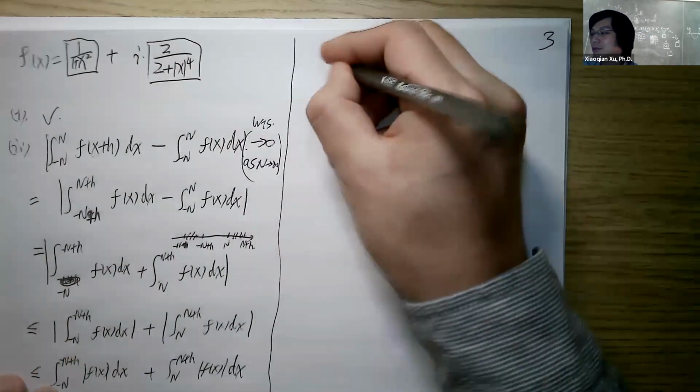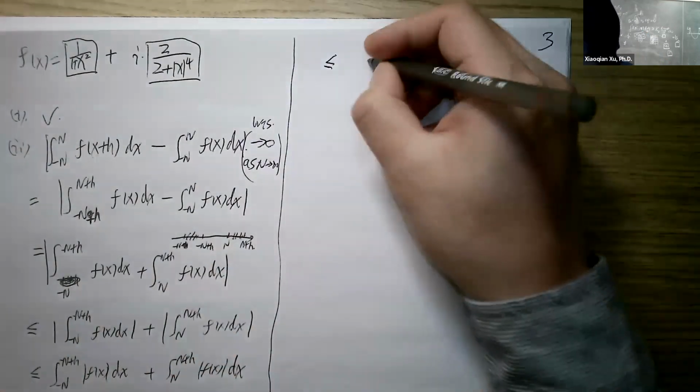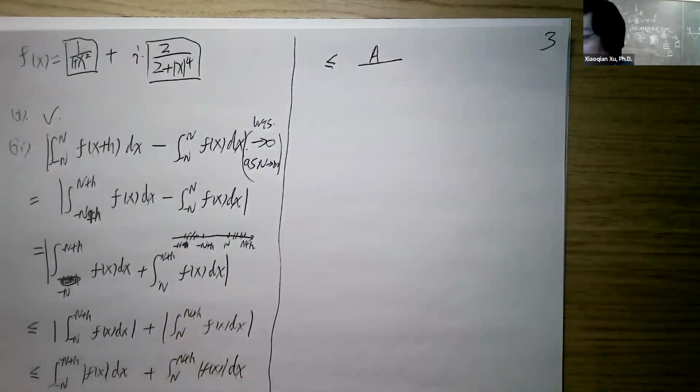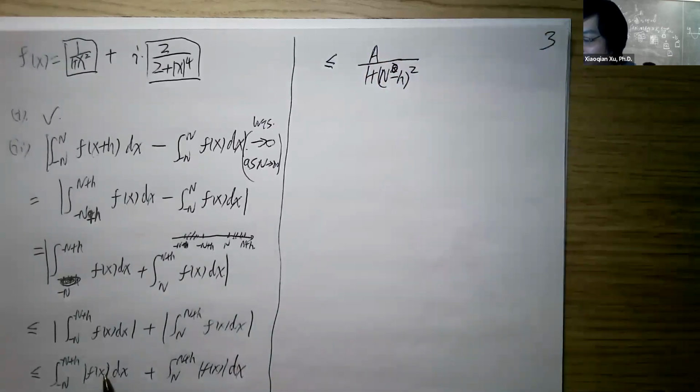For this one, we are able to use some decay condition of f(x) in order to show that it tends to 0. So this would be less or equal than A divided by, from here to here, the absolute value of x will have minimum like n minus h. Your function will be less or equal than 1 over 1 plus x squared, right?